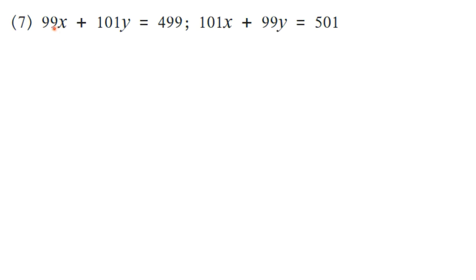Here in 99x, the coefficient of x is 99, but in the second equation, 99 is the coefficient of y. Similarly, here 101 is the coefficient of y, but in the second equation 101 is the coefficient of x. So the same coefficients are present in both equations, but interchanged. Such equations are called a particular type of equations.